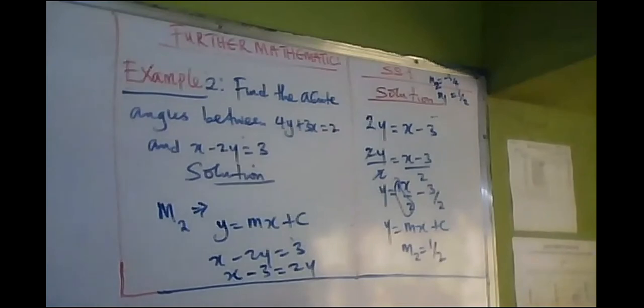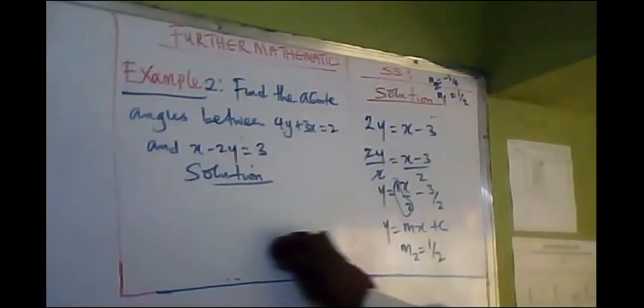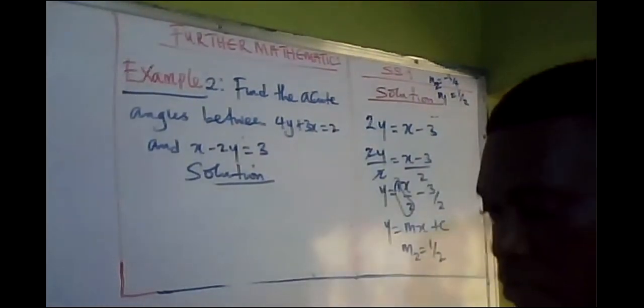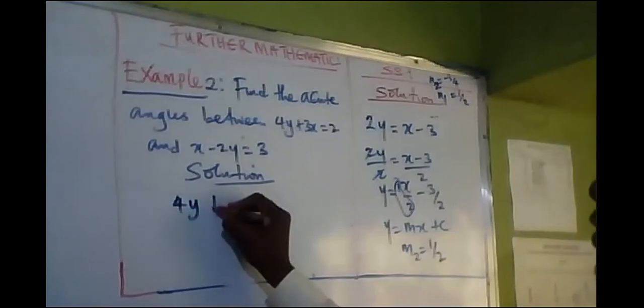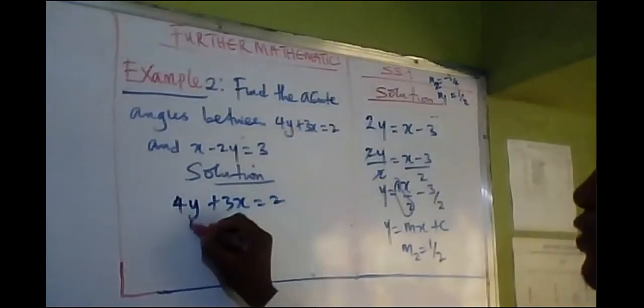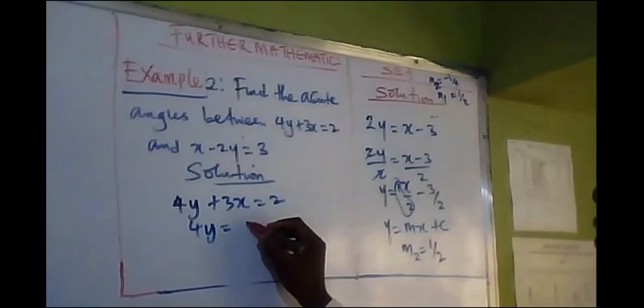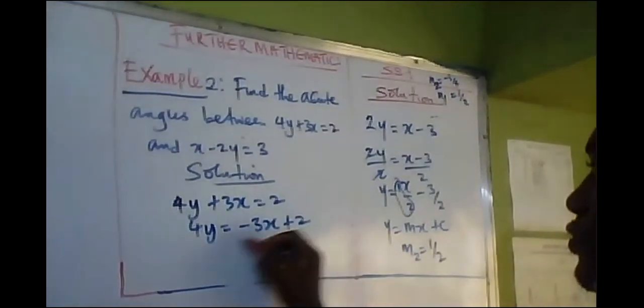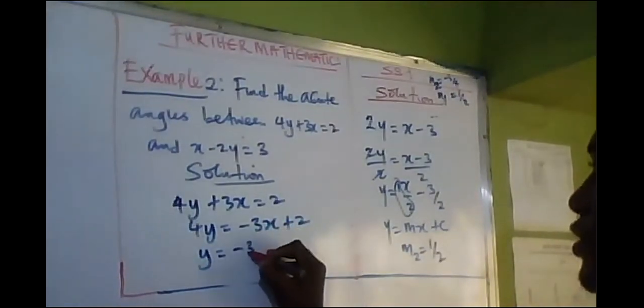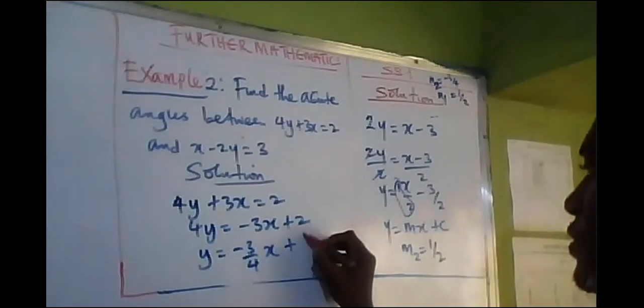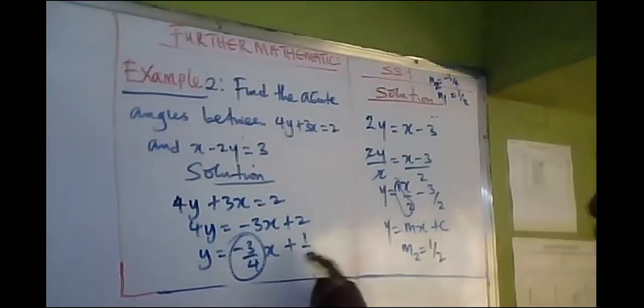Our m1 should not be half again. So let's go over our m1 once again. 4y plus 3x is equal to 2. 4y is equal to minus 3x plus 2. y is equal to minus 3 over 4x plus half. Okay, this is the one I'm supposed to pick, not half.